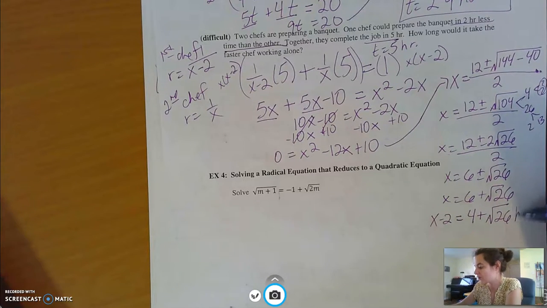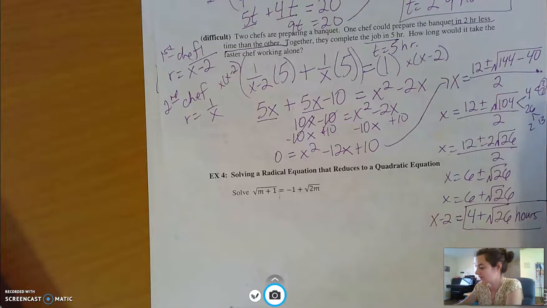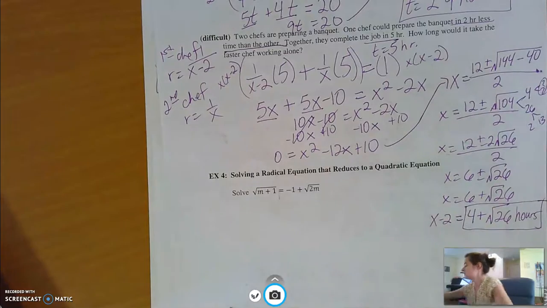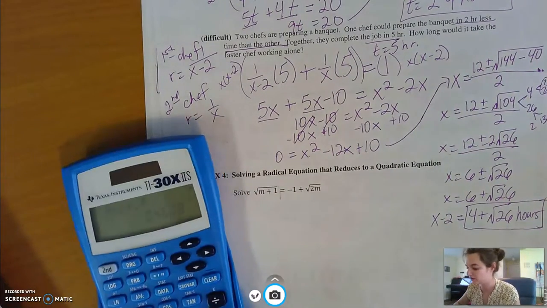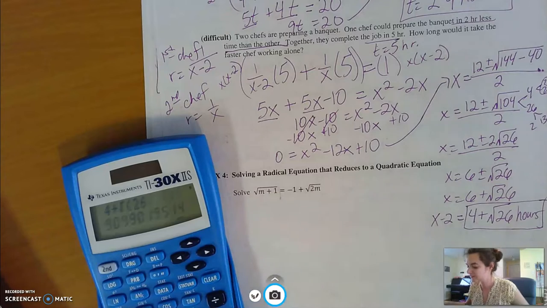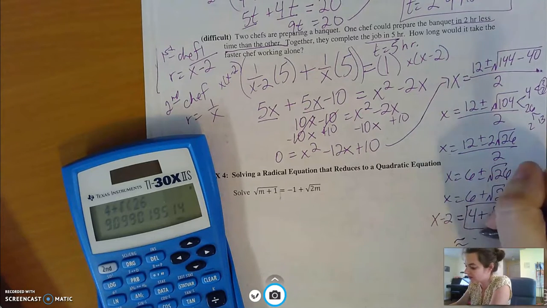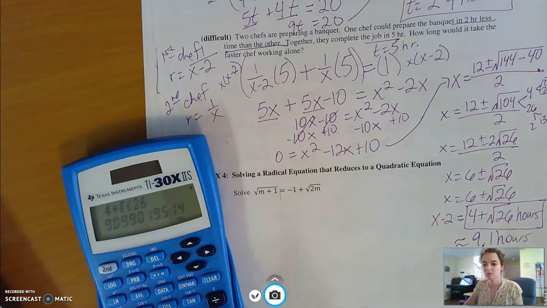And that's time in hours. If you want an approximate for that, you're welcome to type it in your calculator. So 4 plus the square root of 26 is approximately 9.1 hours to do the entire banquet by himself.